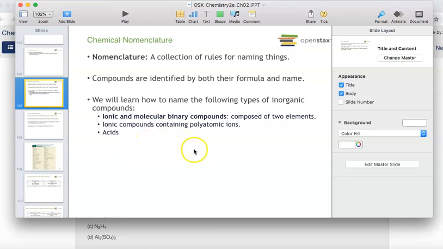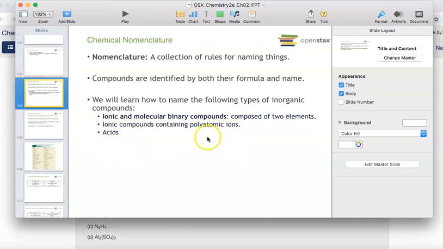We will learn how to name ionic and molecular binary compounds. A binary compound is composed of two elements. We're also going to talk about ionic compounds containing polyatomic ions, which we talked about a little bit on Wednesday. And then finally, we'll learn how to name acids.